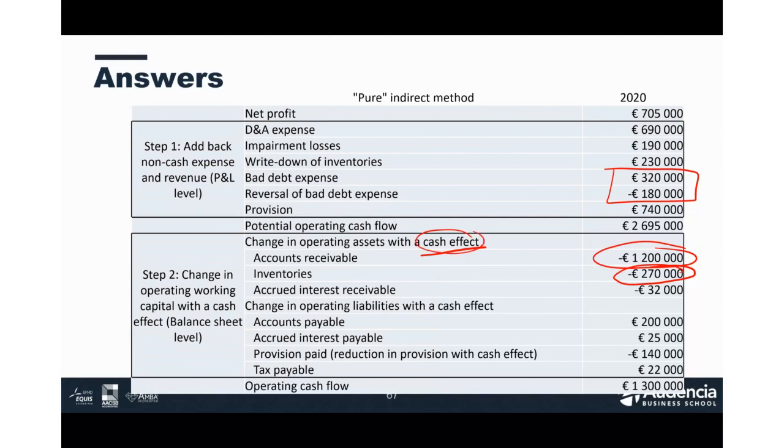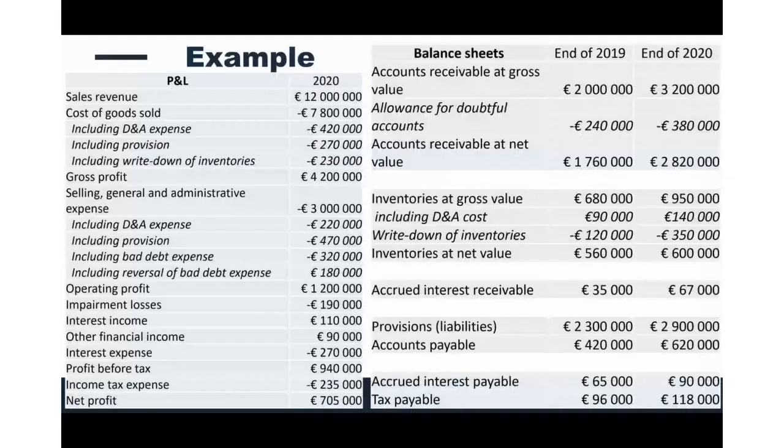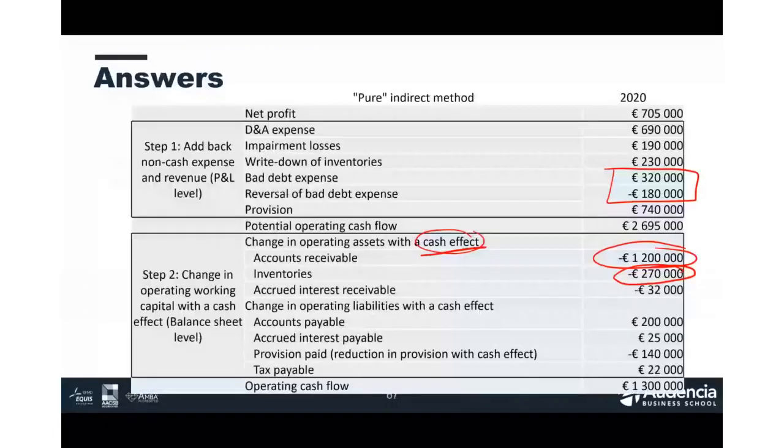You have to eliminate also the DNA. So in reality, here we increase by 50 plus 50. So if you want the cash impact, it should be the 270,000 minus the 50. So this is what you spend for your inventory.